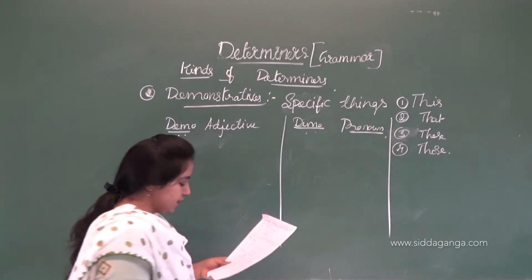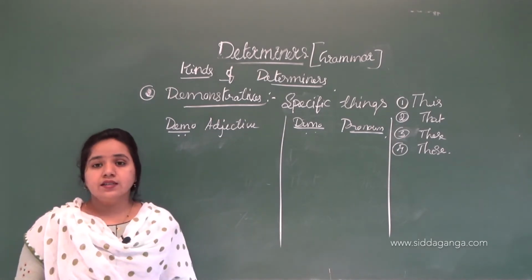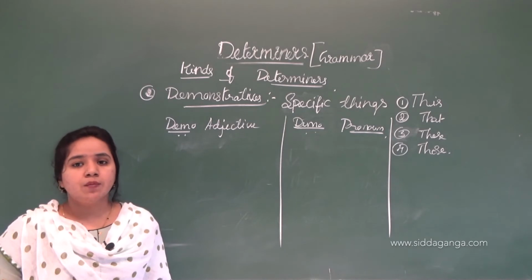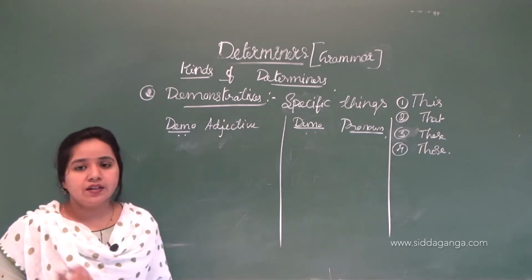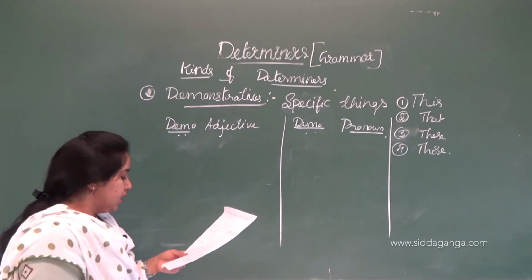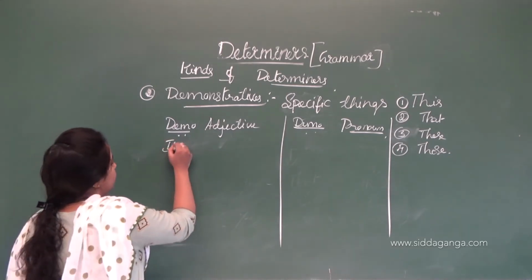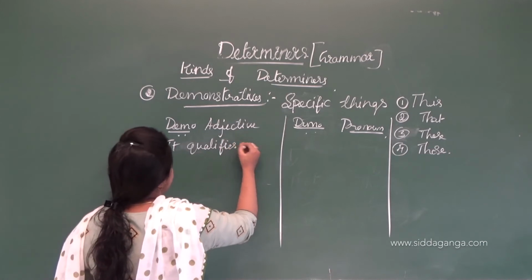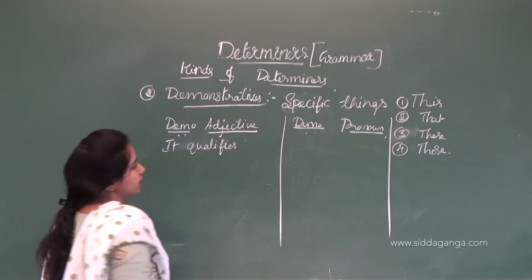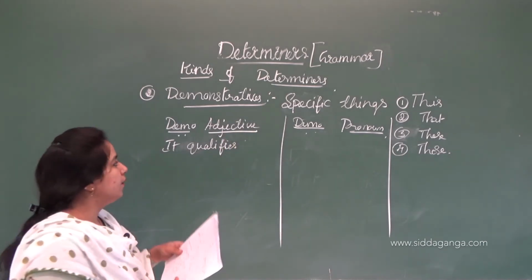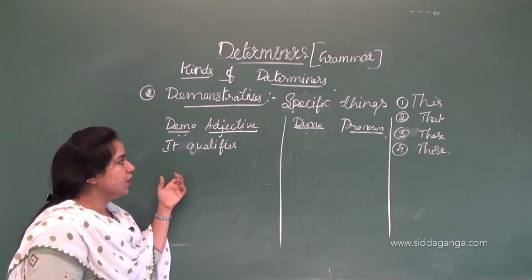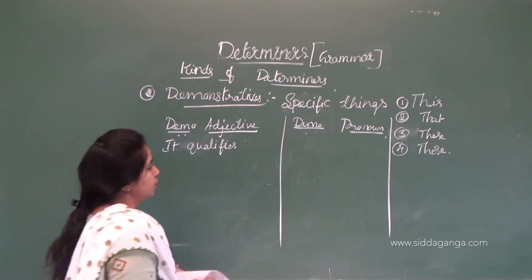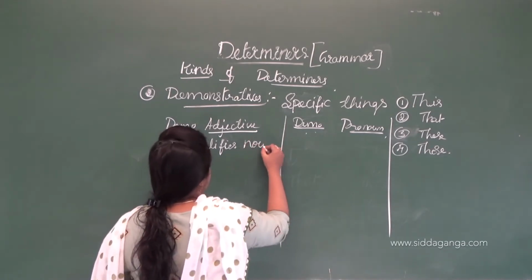Okay. So let's see the sentences which give a more brief explanation about the demonstrative adjective and demonstrative pronoun. When a demonstrative adjective is there, the grammatical rule says it qualifies the noun.